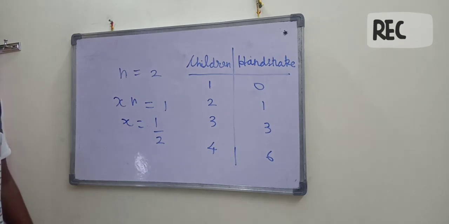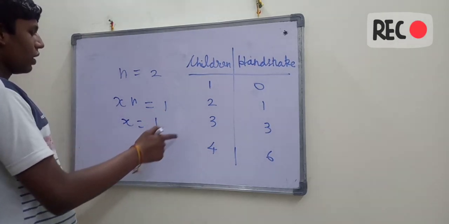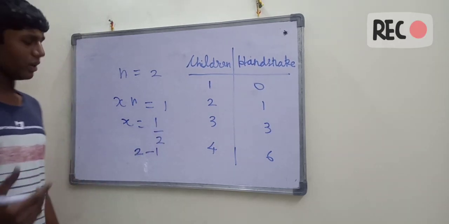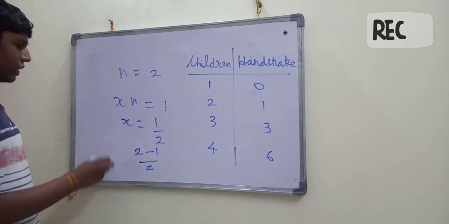So how could I convert? If you see, this is 2. If I minus 1 from it and divide it by 2, then I would be getting half over here.